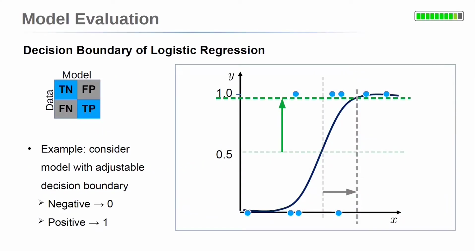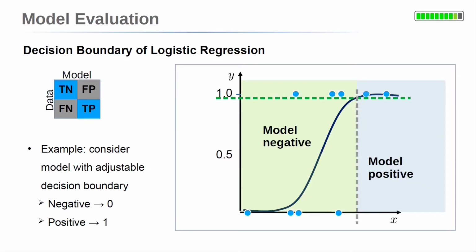We can adjust the decision boundary. Therefore, we choose a different value of the logistic function at which we choose a different class. Here, we selected this value close to 1 as represented by the green dashed line. So, the corresponding decision boundary moved to the right.